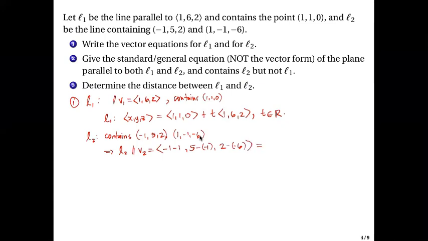If we perform the operations, we have -2, then 5 minus -1 is 6, and 2 minus -6 is 8. So we have this vector V2.